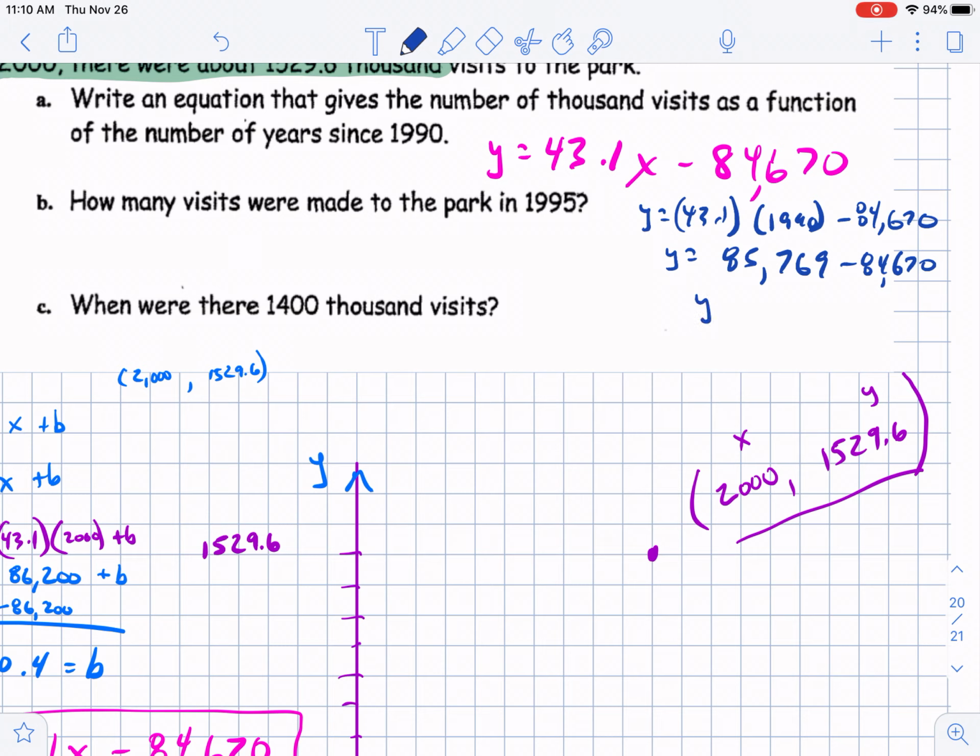And y equals, in 1990, 1,099. There you go. That's your answer for 1990. But they're not asking for 1990, so I'm not worried about it.